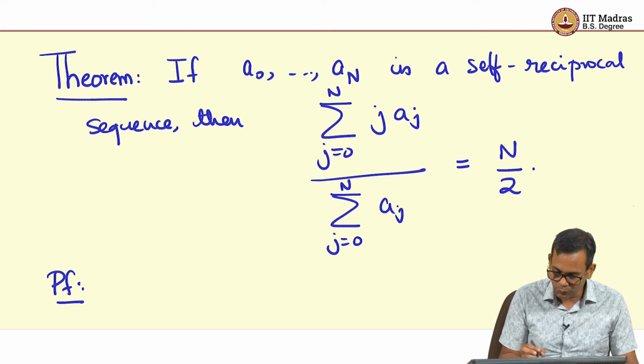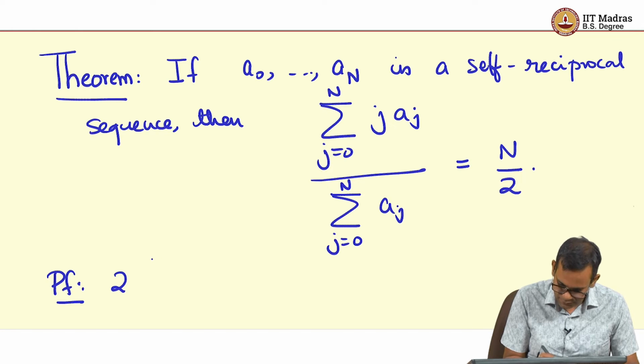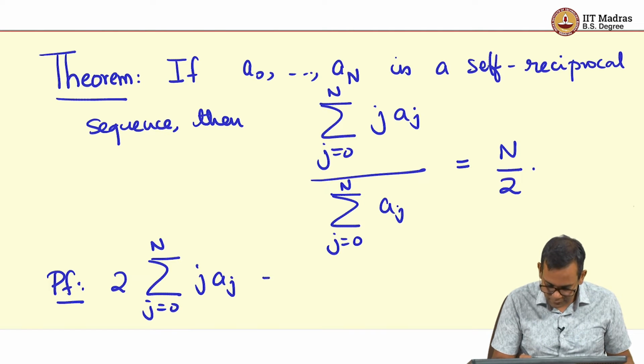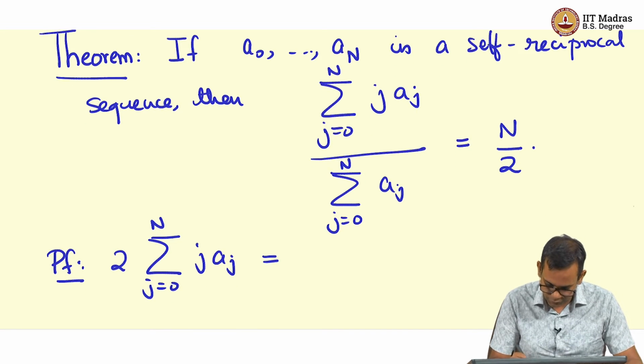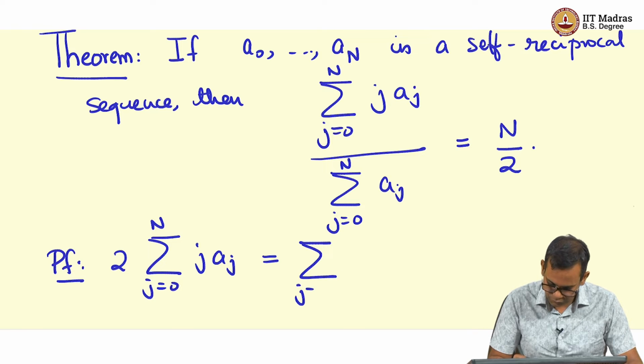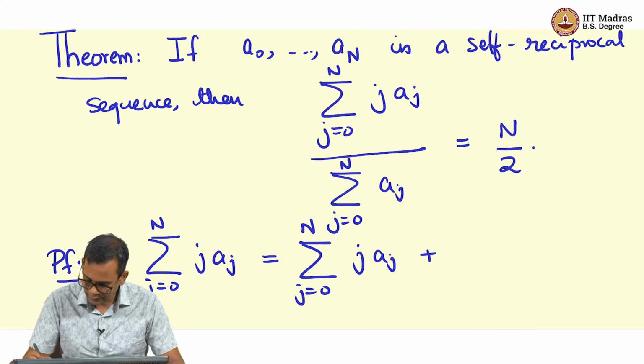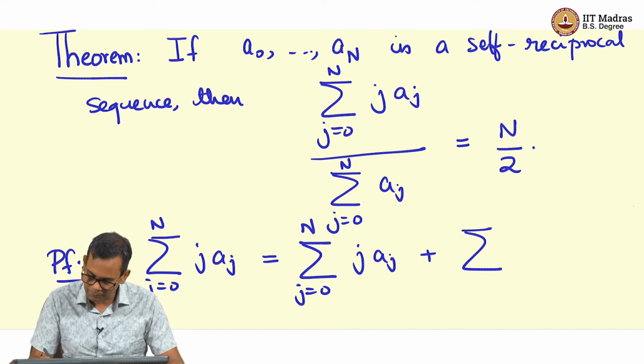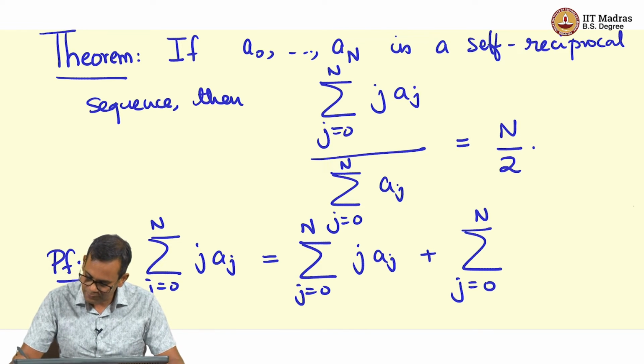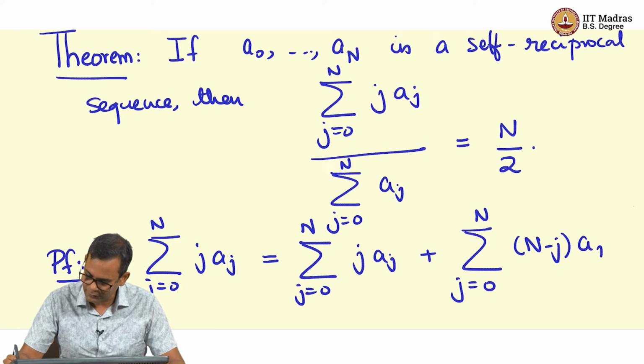Let us evaluate 2 times this sum. So, 2 times the sum in the numerator, j goes from 0 to N of j times aj. Well, I can write this first in forward order, j goes from 0 to N of j times aj, and then in backwards order. So, I will just replace aj by aN minus j. So, what I get is the sum over j from 0 to N of j times aN minus j, or if I want I can write that as N minus j times aj.